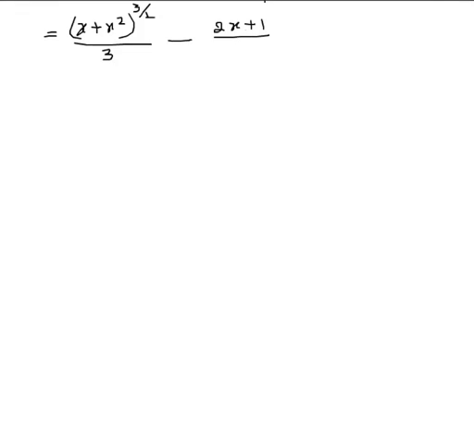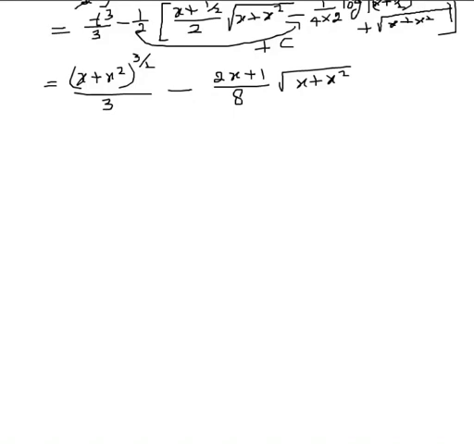This becomes 8, root of x plus x square. Distribute this minus half, it becomes plus 1 by 8, 2s are 16, log of absolute value of x plus half plus root of x plus x square, and plus c.